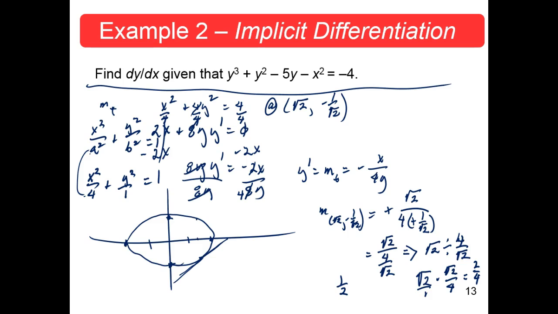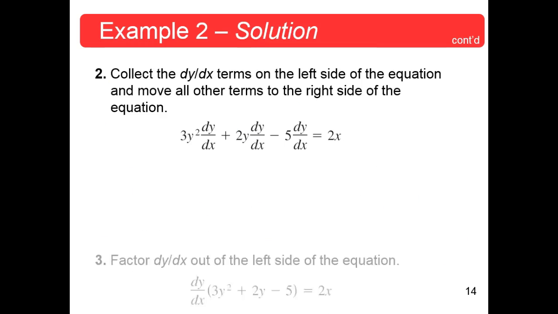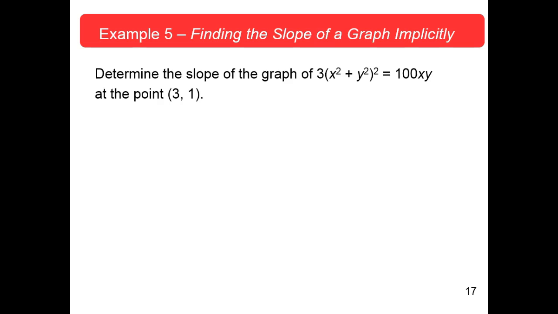Then let's move to example 5. And they do have example 5, so we'll move on to it. Here we go. Determine the slope of the graph of this thing at the point 3, 1. I think I've already indicated to you what I would do first.